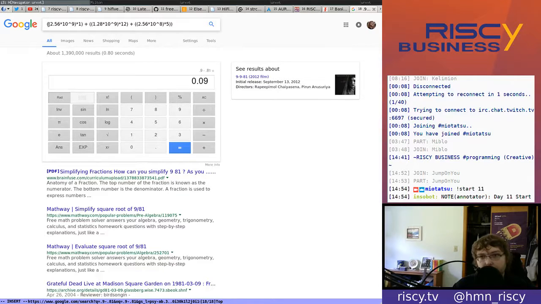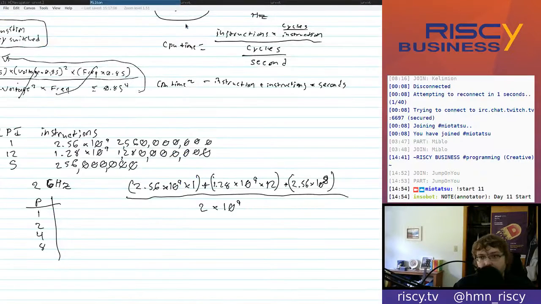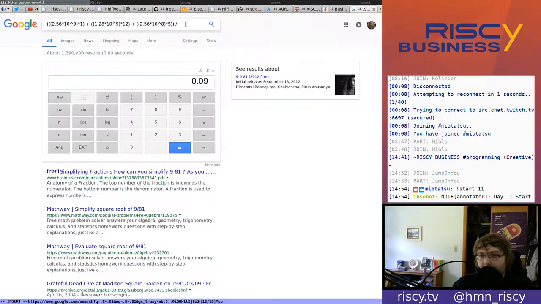I'm being very generous, or very conservative, I guess, with my use of parentheses here. I'm really trying to make sure it does the order of operations right. I don't think I need all these parentheses, but it doesn't hurt, so might as well put them in.